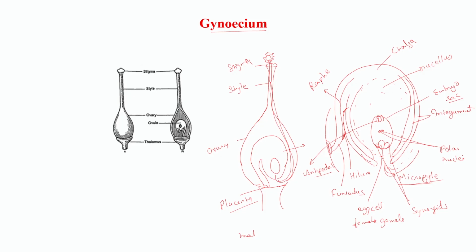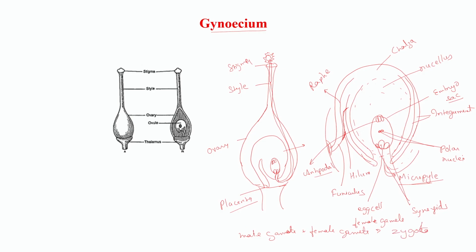It will enter inside, where the nucleus or male gamete will be released, where you will have these cells. The male gamete will fuse with the female gamete, and this will give rise to the zygote.